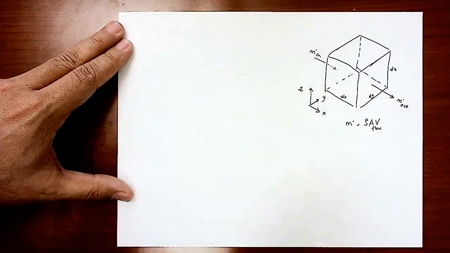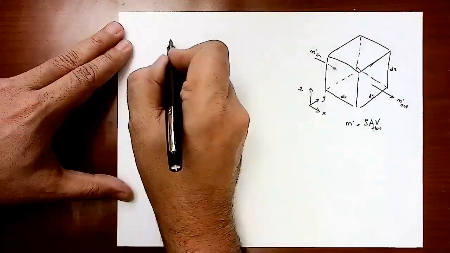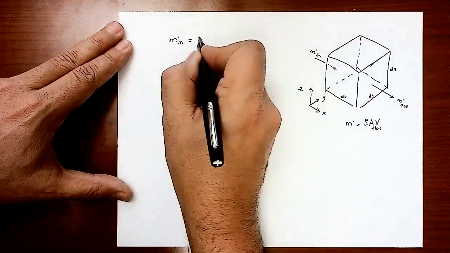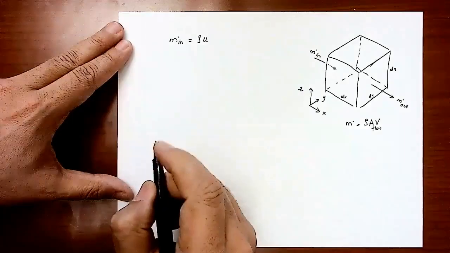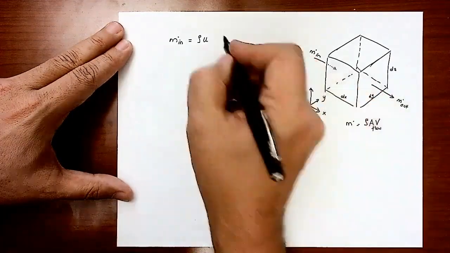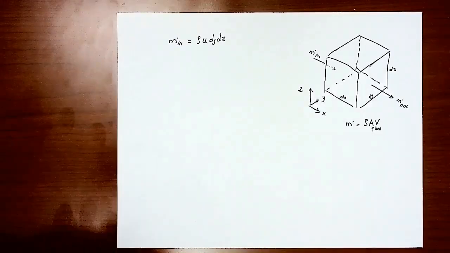Times the velocity in that direction. So if I want to calculate the mass flow rate in the x direction, m dot in in the x direction should equal rho times the velocity in the x direction, which is u, multiplied by the flow area, which is going to be dy times dz. That's the mass flow rate.